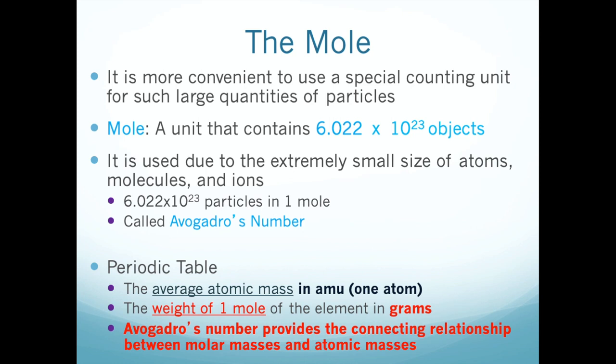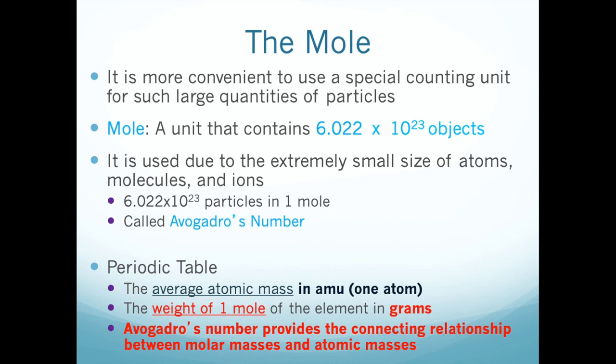One mole of an element happens to weigh its average atomic mass, but in grams, not in atomic mass units, right? So if we scale things up in terms of moles, we can essentially weigh stuff out in grams instead of atomic mass units, which makes things very, very convenient in a lab.